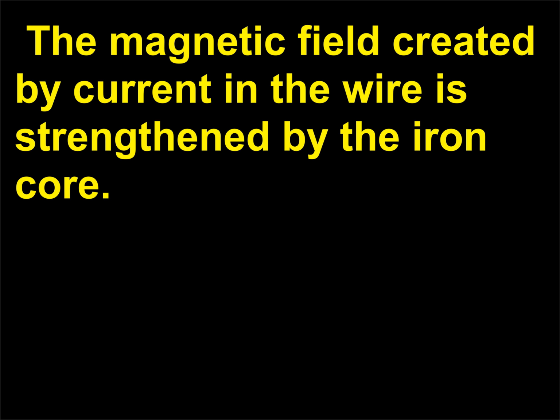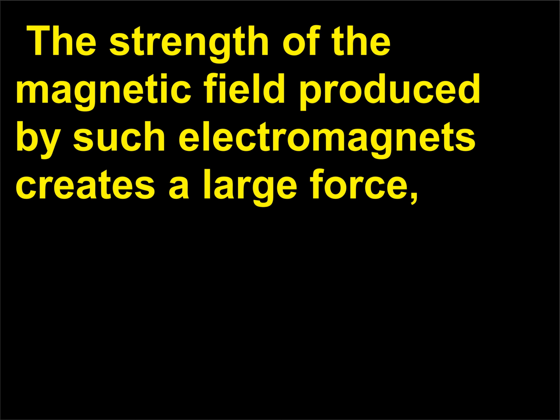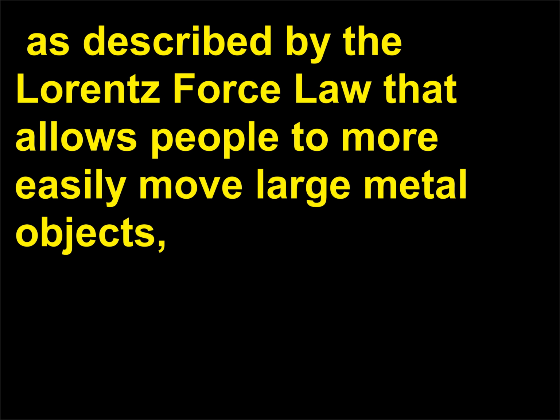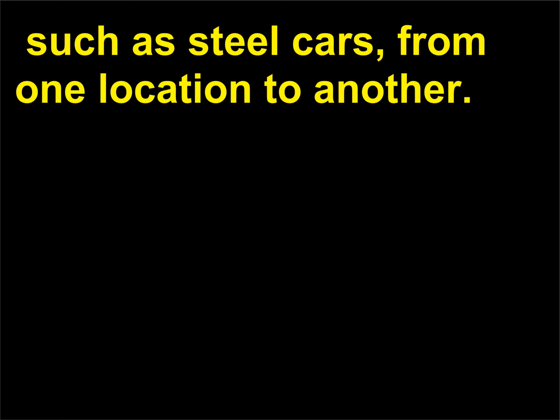The magnetic field created by current in the wire is strengthened by the iron core. The strength of the magnetic field produced by such electromagnets creates a large force, as described by the Lorentz force law, that allows people to more easily move large metal objects, such as steel cars, from one location to another.